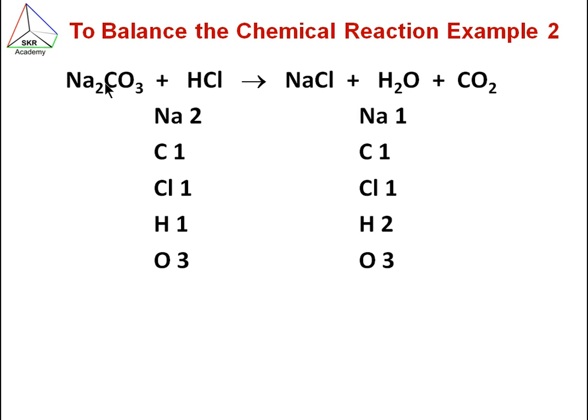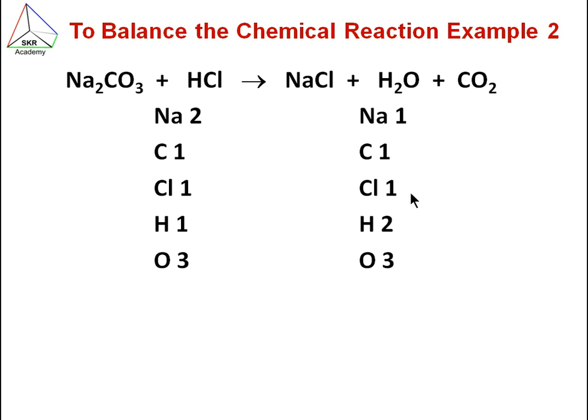The number of carbon is 1, and on the right side it is also 1. Chlorine is 1 on both sides. Hydrogen on the left hand side is 1 only, and on the right hand side it is 2. The number of oxygen atoms is 3 on the left side, and on the right side there are 3.